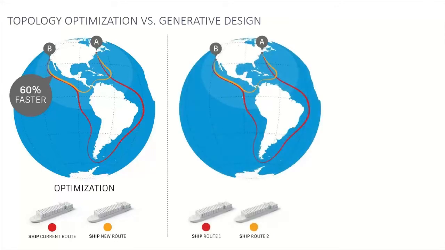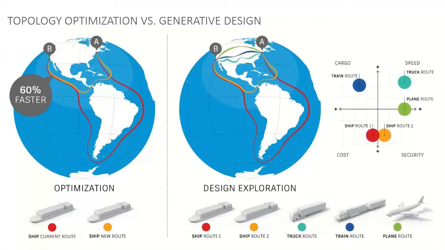Okay, so what about the generative design function? Okay, the limitation of topology optimization is just using the same, okay, yung same na way of transportation, pero mahanap siya ng shorter road. Tama, di ba? Okay, but the power of generative design is what? Okay, finding different possible way kung paano ita-transport from point A to point B. So instead of using cargo, okay, so generative design can provide track route, pwedeng train, pwedeng plane.